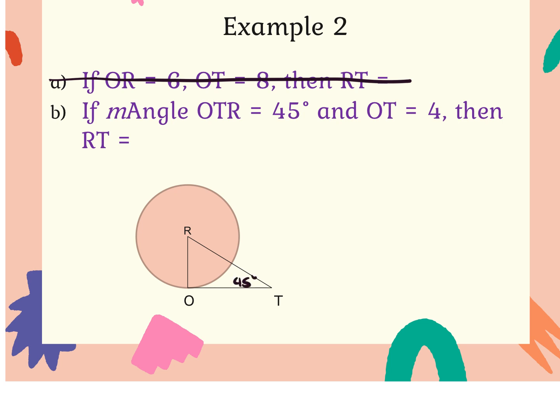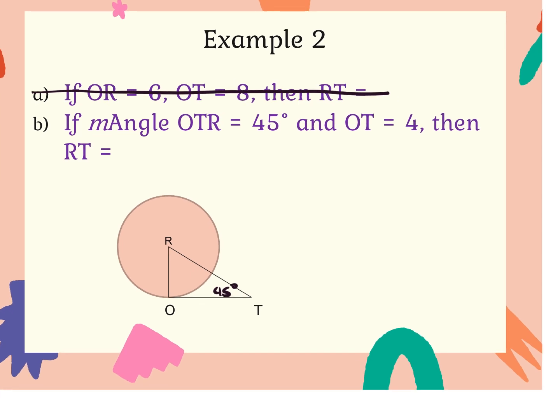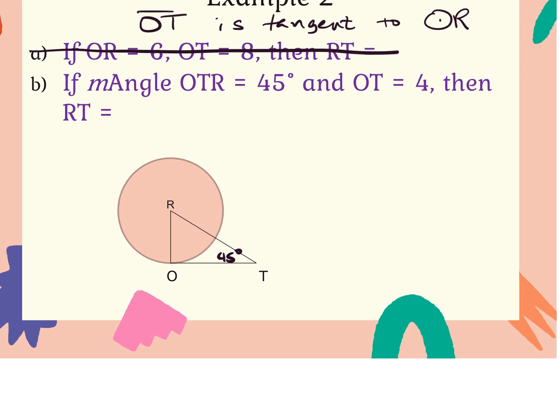Now, same given, this OT is going to be tangent to circle R. All right, so now you can either recognize that this triangle now is a special right triangle, and this angle up here is also 45. If you didn't, you could add the 90 and the 45, subtract from 180, and still get 45.